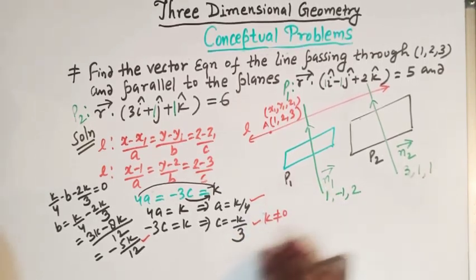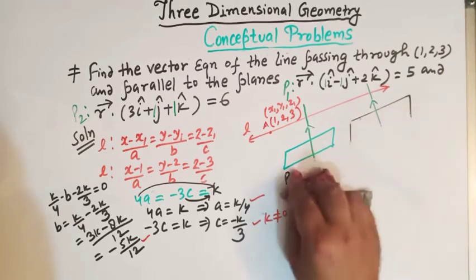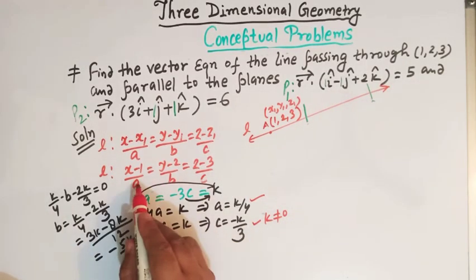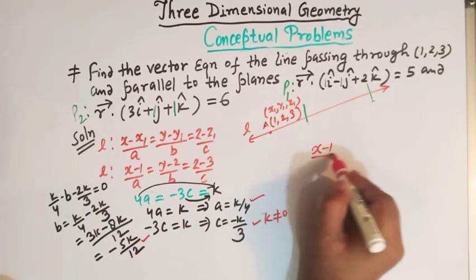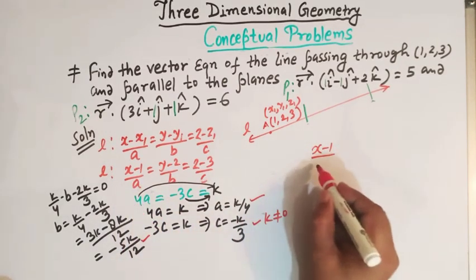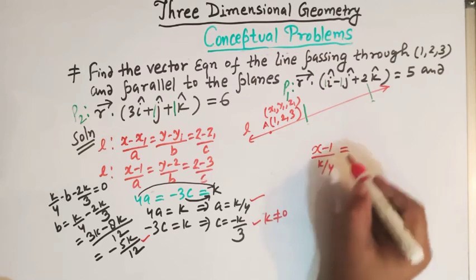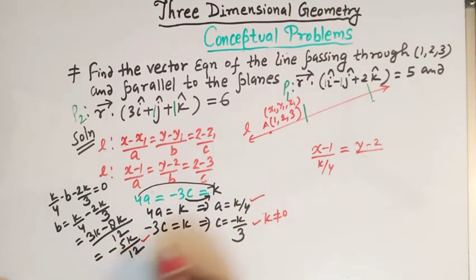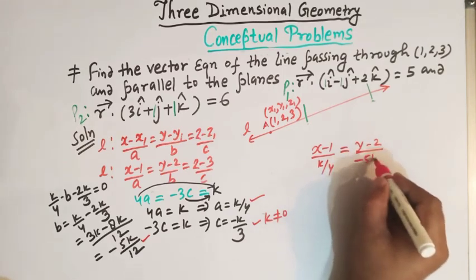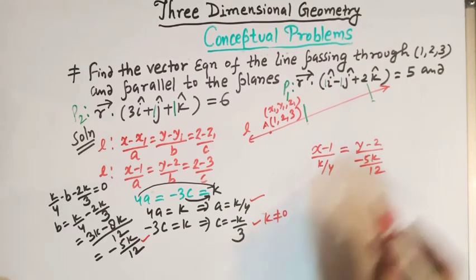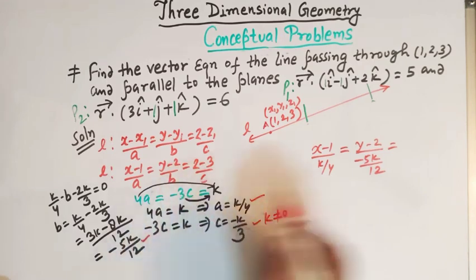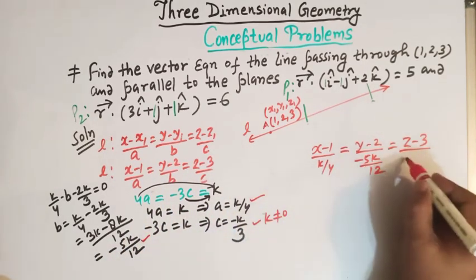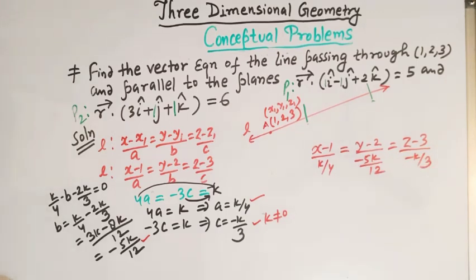Now we will substitute these values here, right? So we have (x minus 1) divided by a, which is k by 4, and here we have (y minus 2) divided by b, which is minus 5k by 12, and this is (z minus 3) divided by c, which is minus k by 3, right?